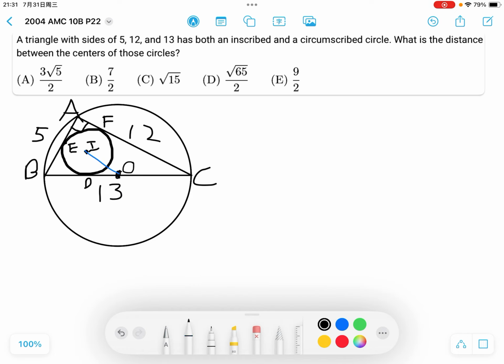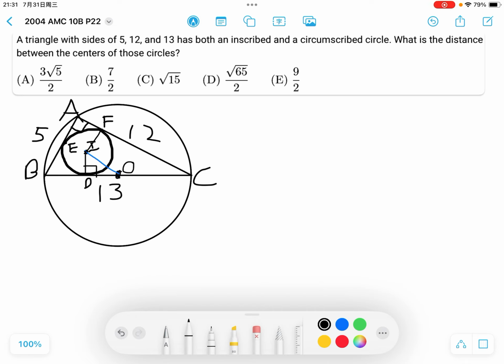We can try to create right triangles. For an incenter, I is equidistant to all sides, because ID, where D is the tangent point of the circle with center I to BC, is perpendicular to BC. So ID is also the radius.